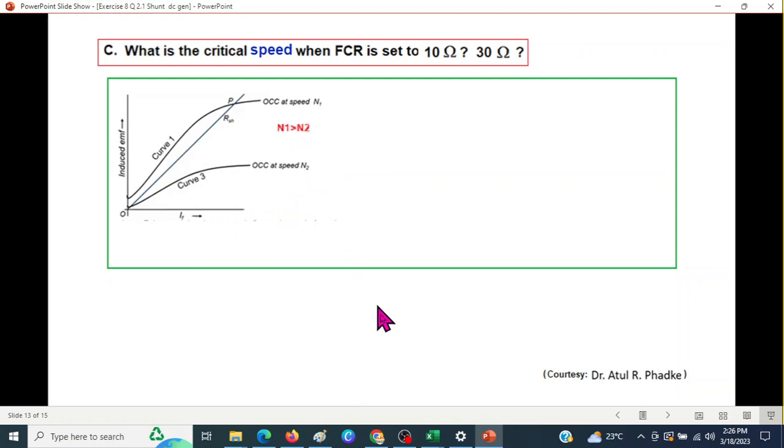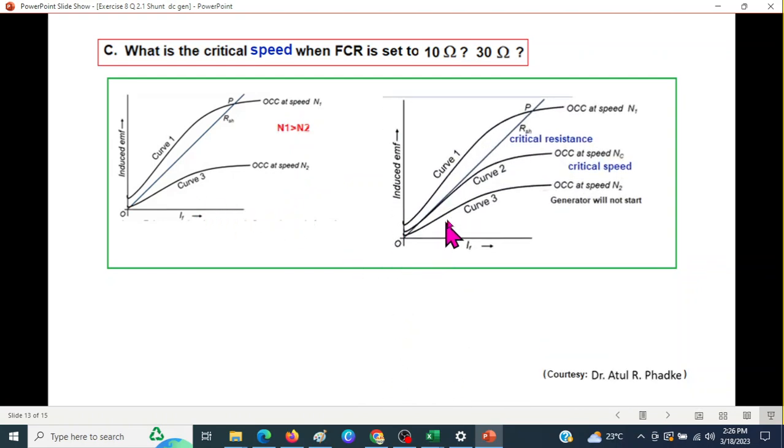Now to find the critical speed, we should have a curve which is tangent to this line. If it is tangent to any curve, that is the critical resistance for that curve. So this will be the critical resistance, and the curve itself will represent the critical speed.